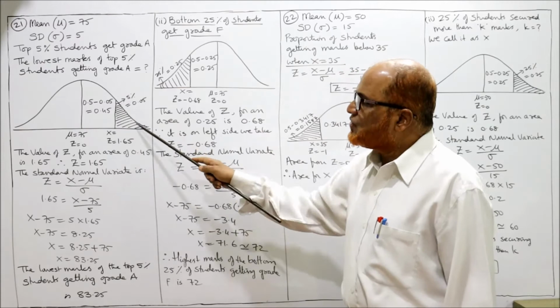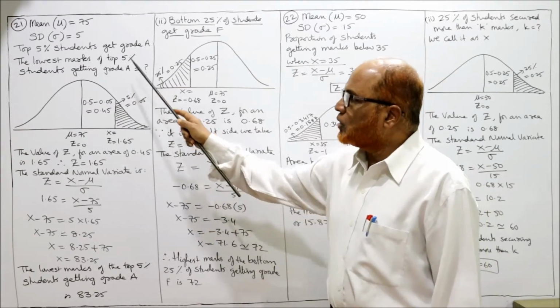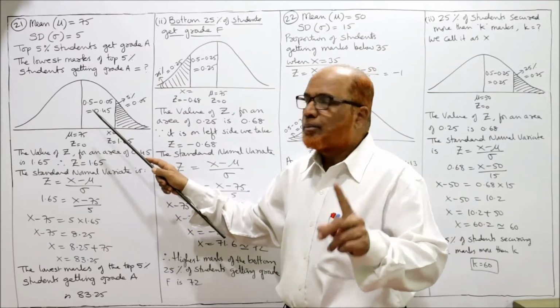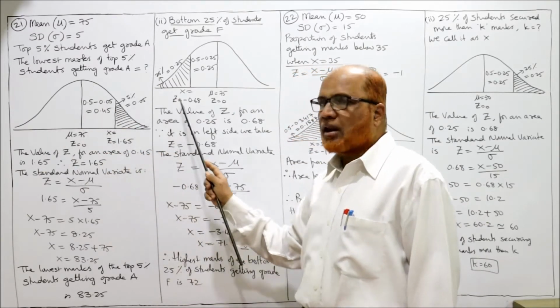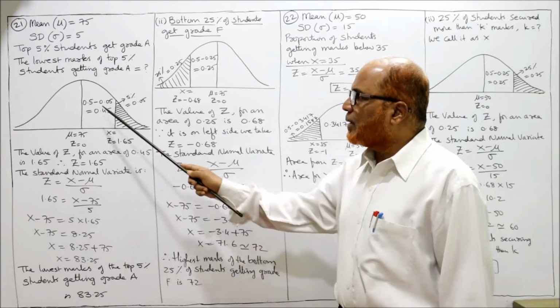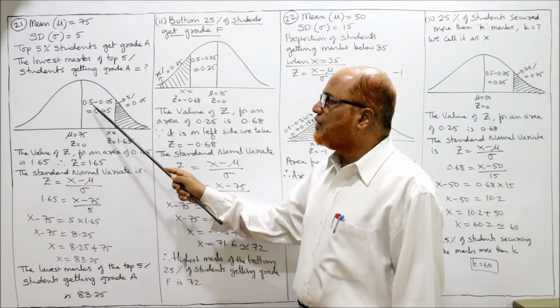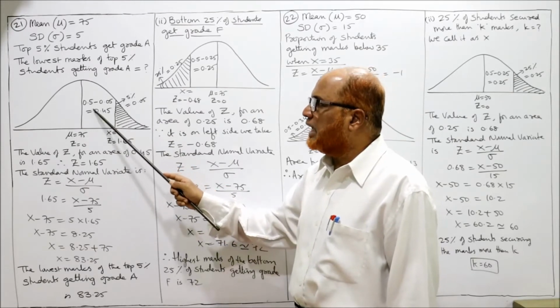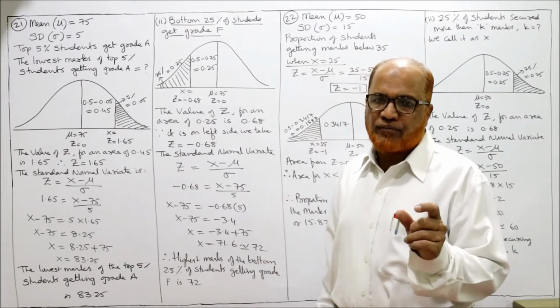This shaded area is 5%, 5% means 0.05. The total area under the normal curve is 1, so 0.5 area is to the left of this perpendicular and 0.5 to the right. From 0.5 subtract 0.05, so 0.5 minus 0.05, we get an area of 0.45.